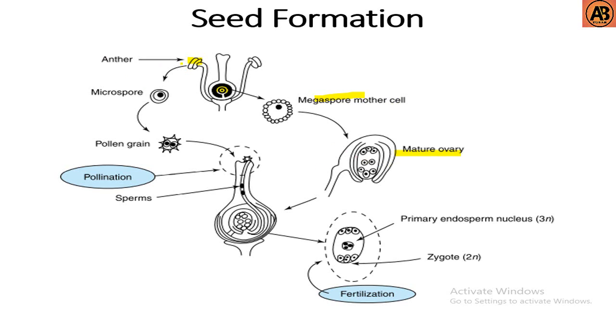And the anther contains microspores, that is pollen grains, and the pollen grains go to the female part, and this is called pollination. And then sperms go to the ovary, which results in fertilization. So we will learn pollination and fertilization details in this video. So let's get started.